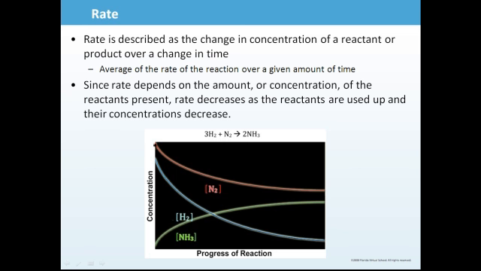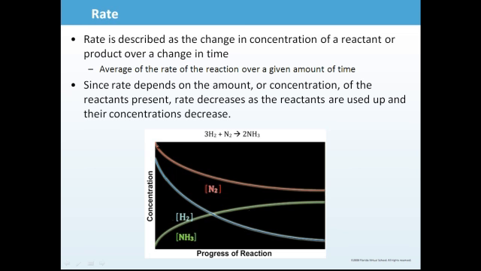Time 0 is here, and along the x-axis, which is time, you can see the concentration of the hydrogen and nitrogen decrease and the concentration of the ammonia increase, which is what we would expect in that reaction.